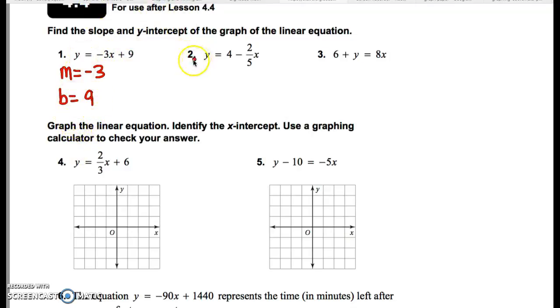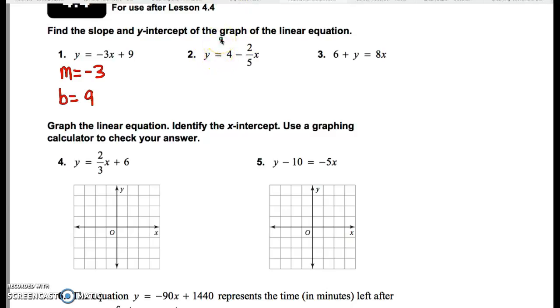Okay. Number 2, is it in the right form? Does it say y equals mx plus b? Now, some of you may think not because it's backwards. Notice what's with the x comes last, but it does say y equals, so yes, it's in the right form.